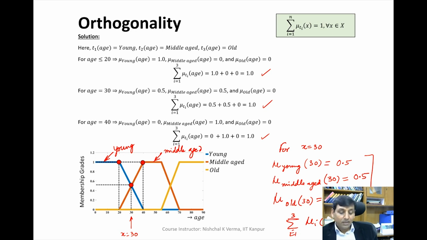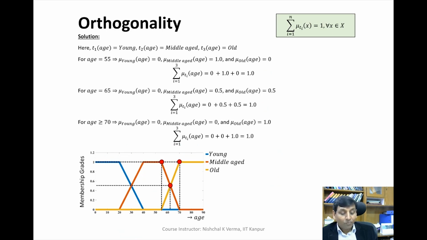Similarly, for this term set having the fuzzy sets young, middle-aged, old, no matter what value you take for x within the universe of discourse, for each and every value of x the summation of its corresponding membership values is 1. This way we can say the term set given is an orthogonal term set. So the orthogonality condition for this term set is satisfied.